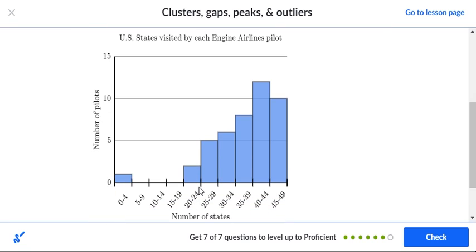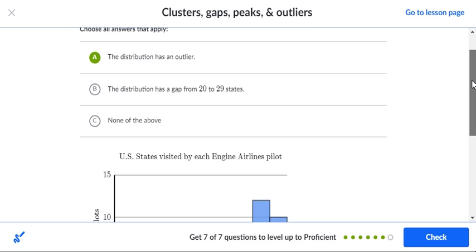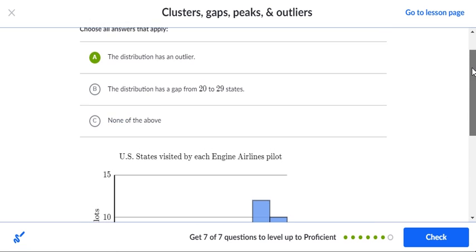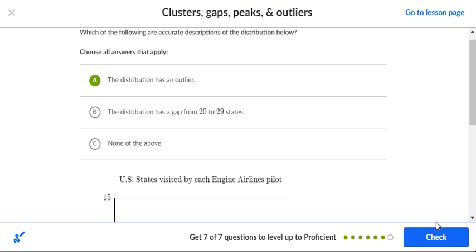So from 20 to 29 is a gap. No, that's incorrect. The gap actually starts at 5 and goes to 19. So 5 to 19 would be the gap. Because remember, a gap has no data. So there is an outlier because 0 to 4 is a really small number compared to 45 to 49. So the only choice here would be A.